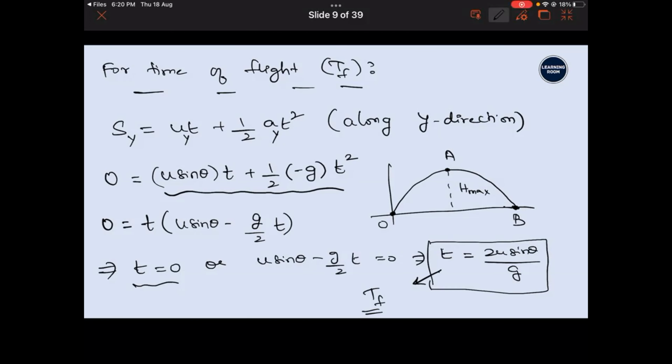Is the point clear? So make a note of this.